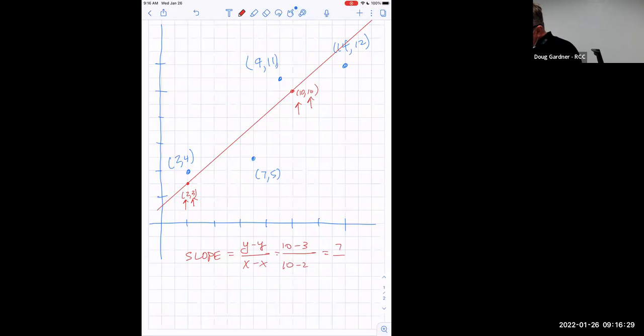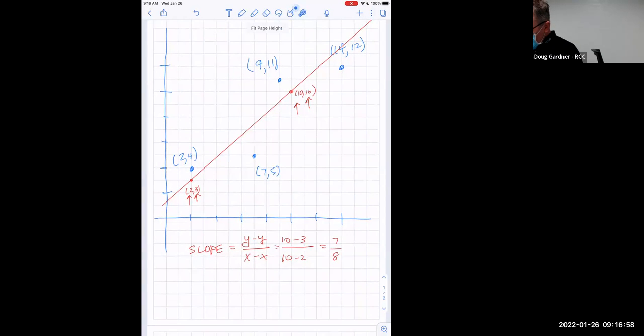So I got 7 over 8. Do you agree that my slope is 7/8? I could make a decimal out of that. Could I have just counted it myself? Sure. Rise 1, 2, 3, 4, 5, 6, 7. Run 1, 2, 3, 4, 5, 6, 7, 8. That's where 7/8 came from. This y minus y over x minus x is a cool formula. It allows you not to have to count.